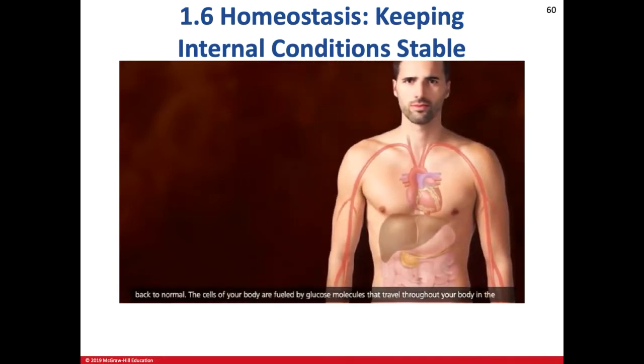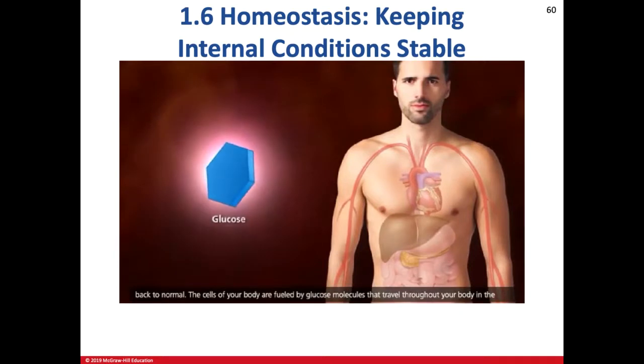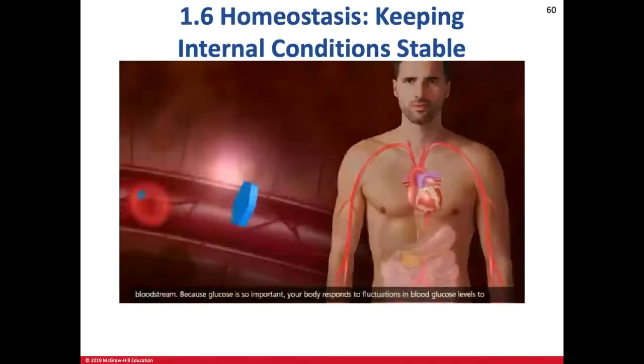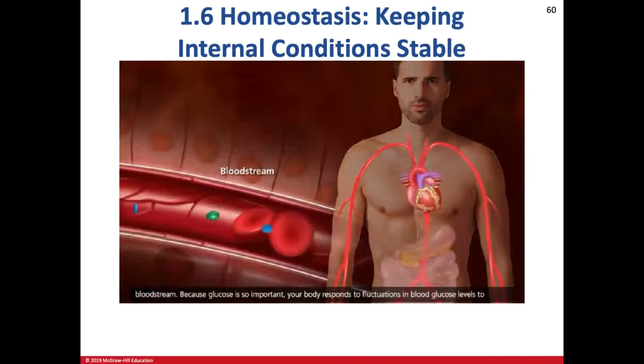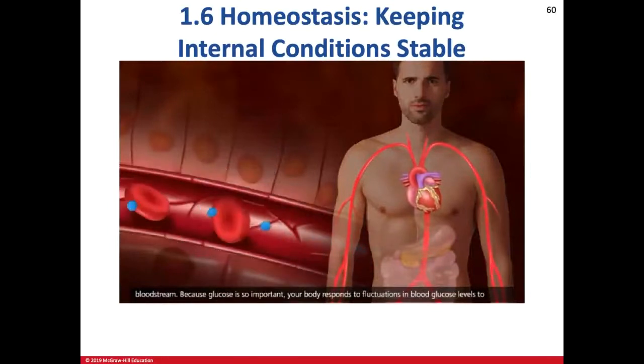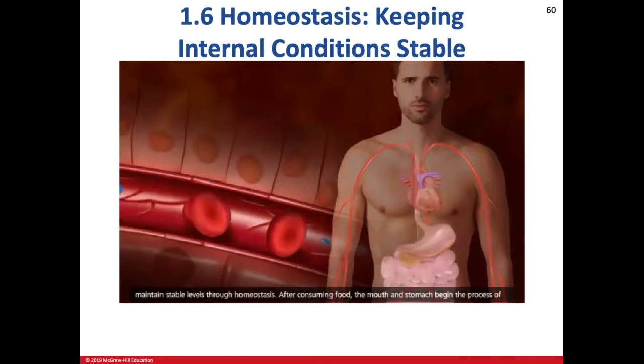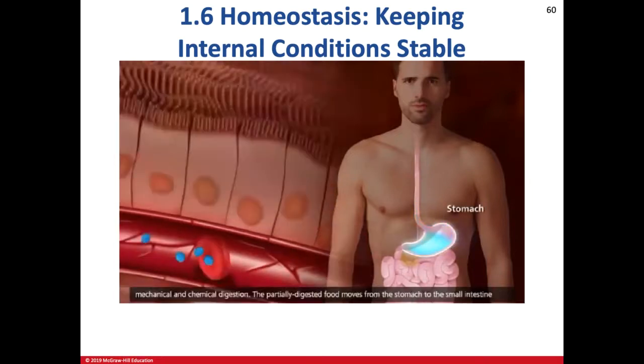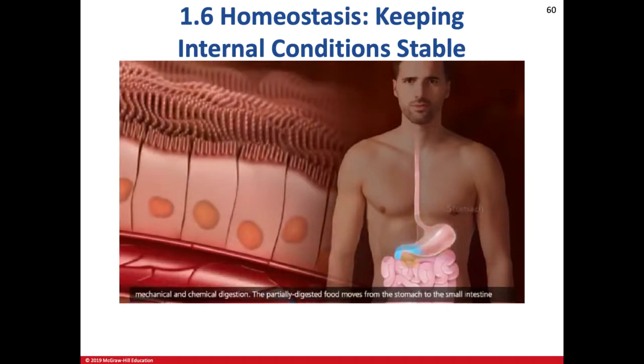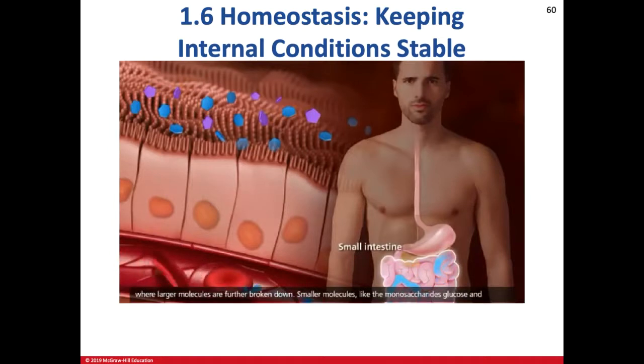The cells of your body are fueled by glucose molecules that travel throughout your body in the bloodstream. Because glucose is so important, your body responds to fluctuations in blood glucose levels to maintain stable levels through homeostasis. After consuming food, the mouth and stomach begin the process of mechanical and chemical digestion. The partially digested food moves from the stomach to the small intestine, where larger molecules are further broken down.